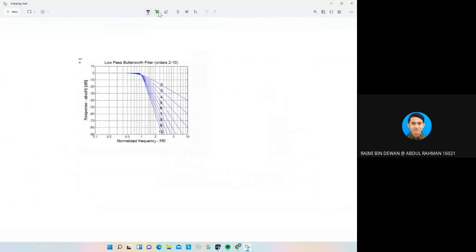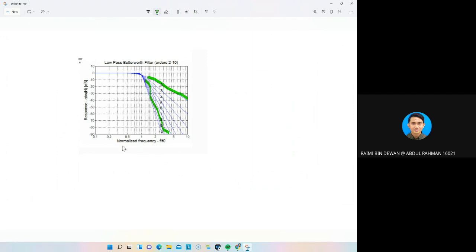If we compare order 2 and order 8, which one has faster roll off? It's order 8 because it is steeper. It's attenuated much faster, so it has a better roll off.